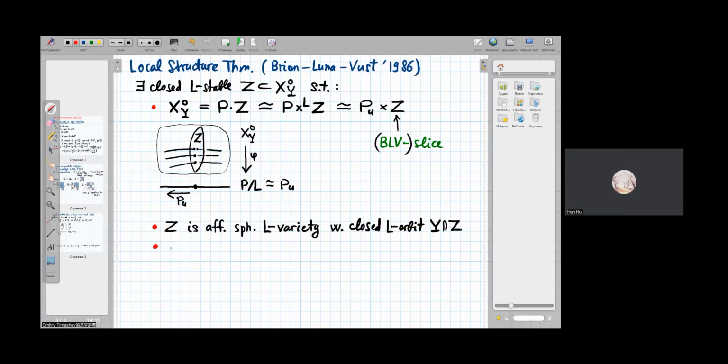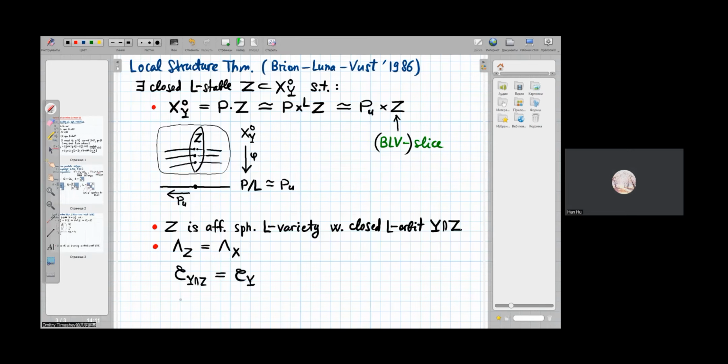That means, first, that the weight lattice of Z is the same as the weight lattice of X. Secondly, the cone in the space spanned by the dual weight lattice, the cone corresponding to the closed orbit Y intersect Z, coincides with the cone corresponding to the orbit Y.